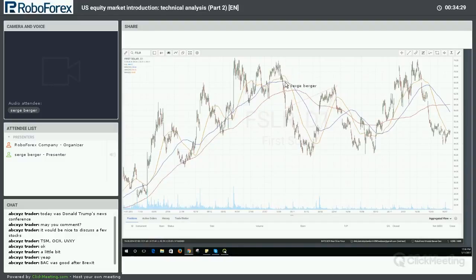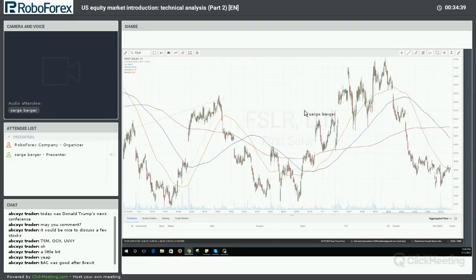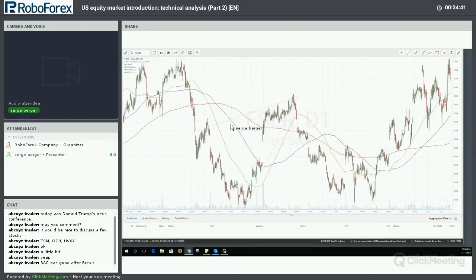Basically, what you see is a stock that dropped, topped out, and then started dropping, and then we had this entire big price action take place, which was several months long, but ultimately it started resolving to the downside.